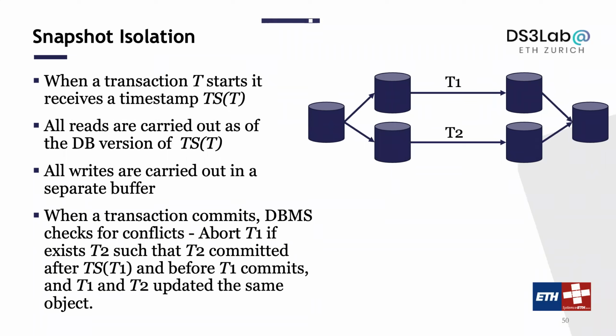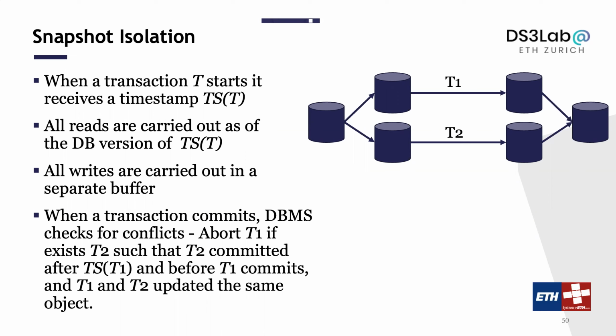And when a transaction commits, it checks for conflicts when it tries to merge the snapshot back. For example, you have T1 and T2, both of them run concurrently over two different snapshots. You run them to the end and you try to commit.